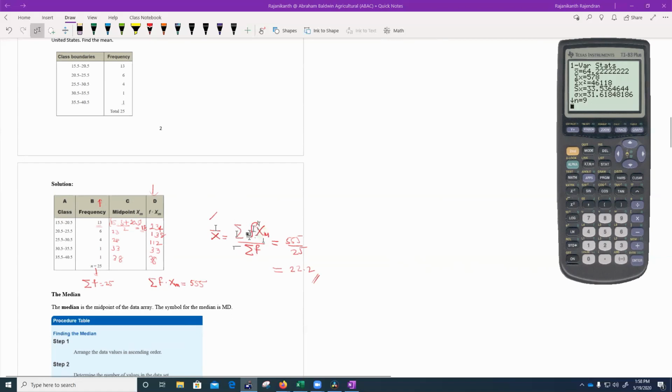So I'm going to create these two columns in my calculator. I need to know the midpoints, right? Then you should know the product of f times xm. So let me show that.